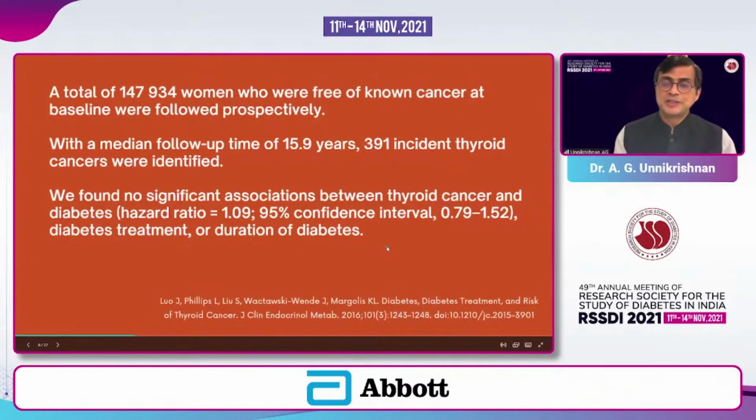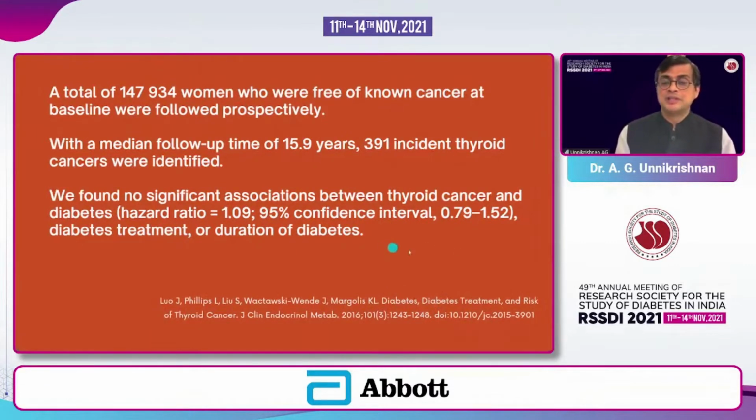So many people have suggested that type 2 diabetes is associated with an increased risk of thyroid nodules. But is there an increased risk of thyroid cancer? This paper was done on almost 147,934 women. They were free of cancer at baseline and were followed up prospectively.